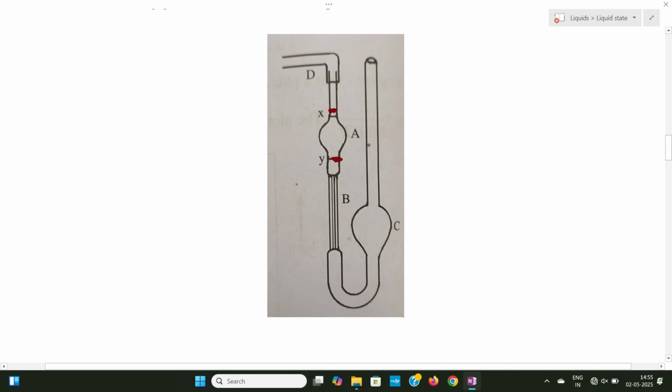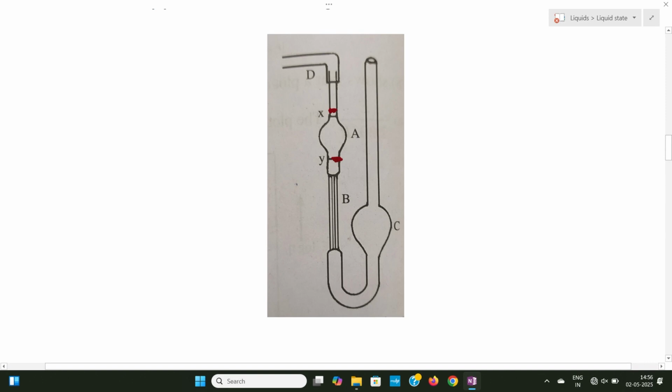Then for the second experimental liquid, after drying the viscometer, we pour the liquid in through this end, and we will suck the liquid up to a little more than the point X, and we will allow the liquid to fall out up to Y.